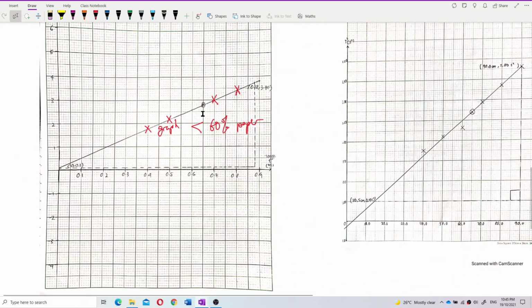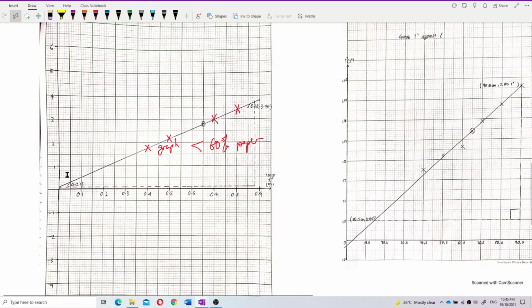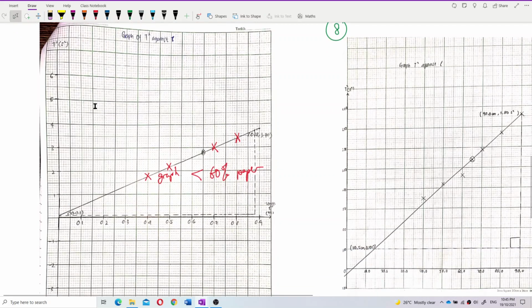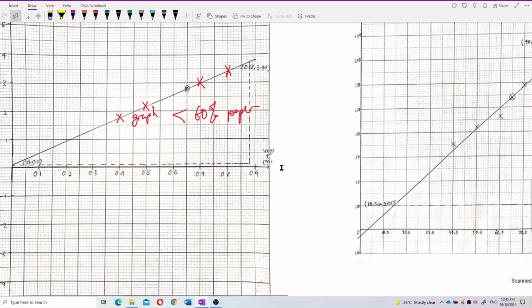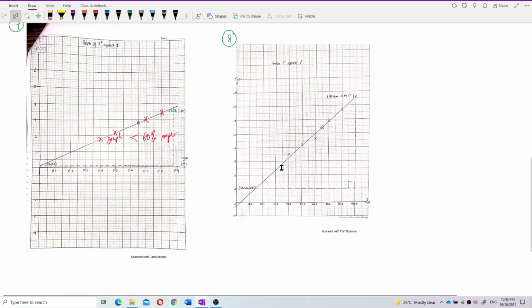But what do you give me? The graph is less than 60%. Cannot. You must have more. The graph needs to be across the whole paper.